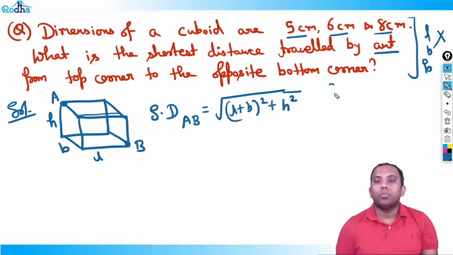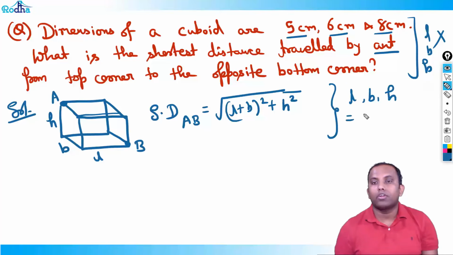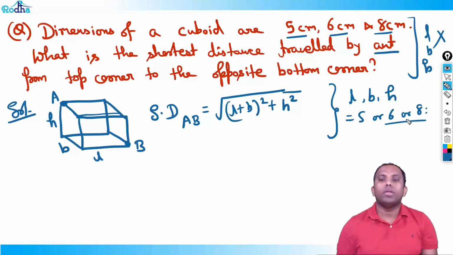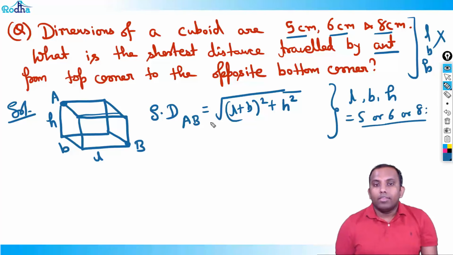Now we have to place the values of L, B, H out of 5, 6 and 8. It's quite easy if you see it here. I have to minimize this distance, this whole data.